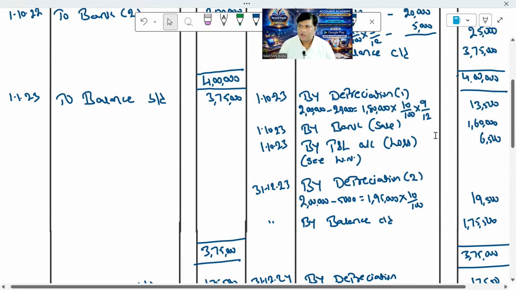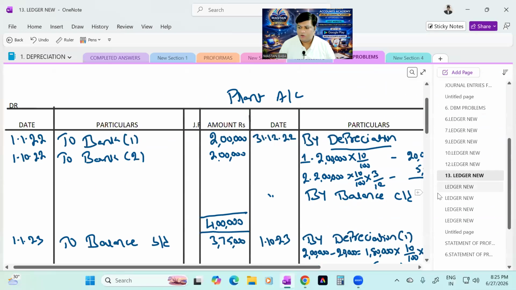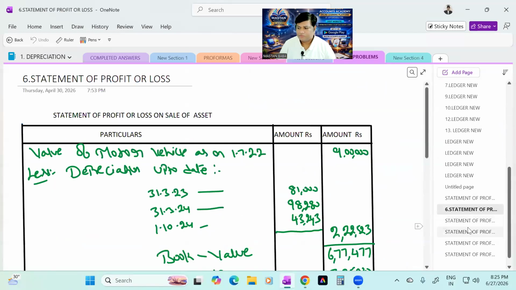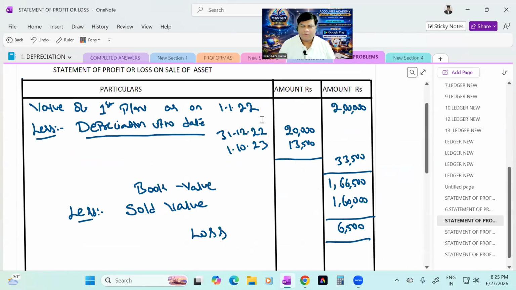I wrote 1,60,000. Then I went to the statement of profit or loss, where we calculate the profit or loss on sale of assets. The value of the plant as on 1/1/2022 is 2 lakhs, clearly mentioned.